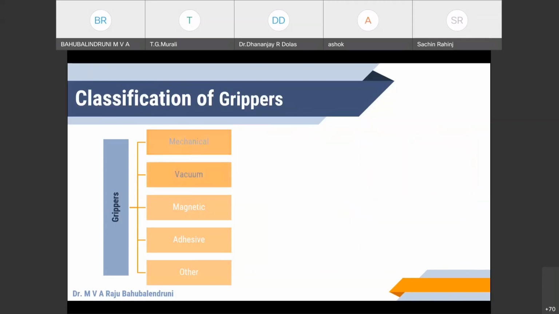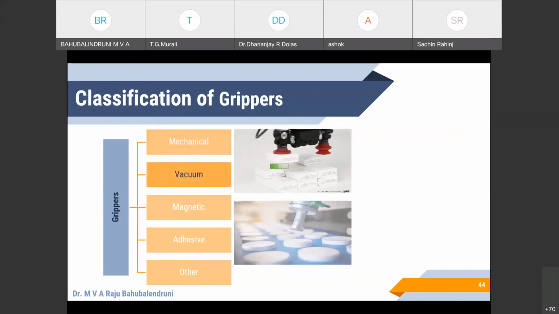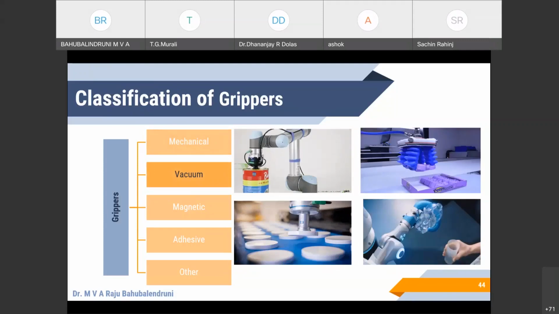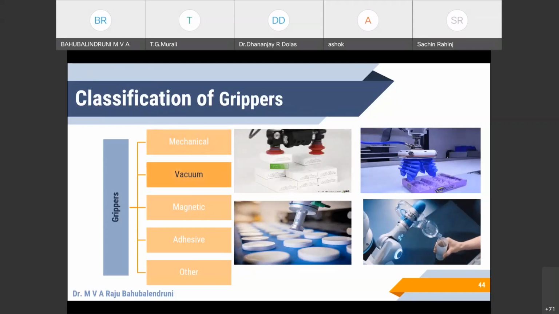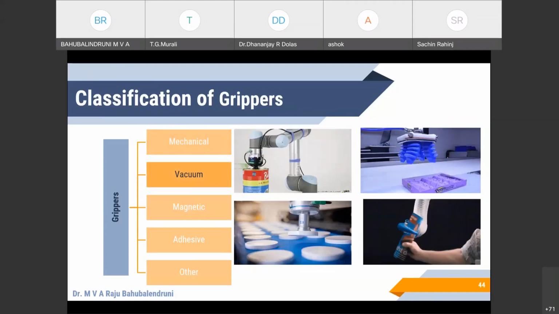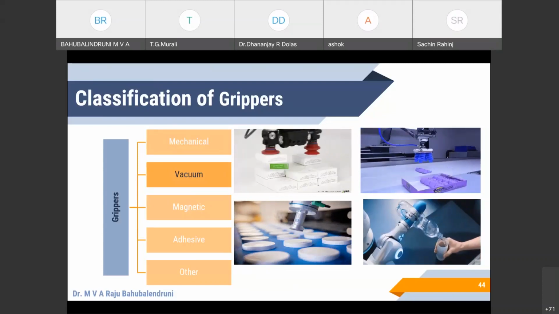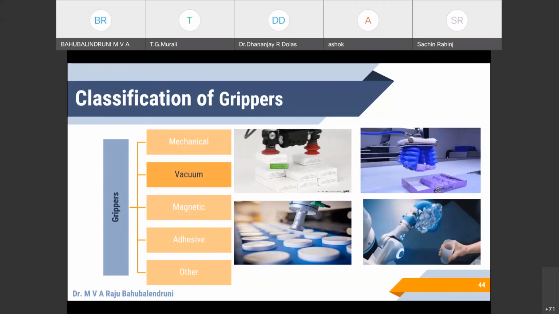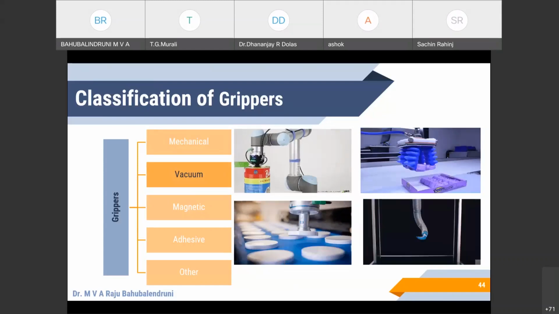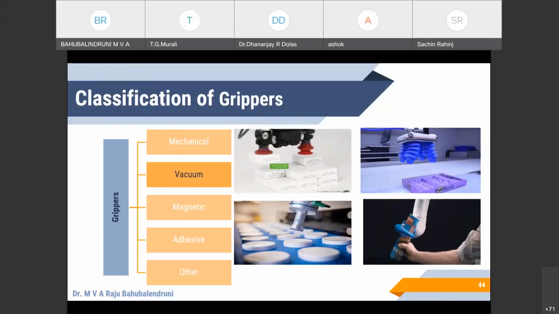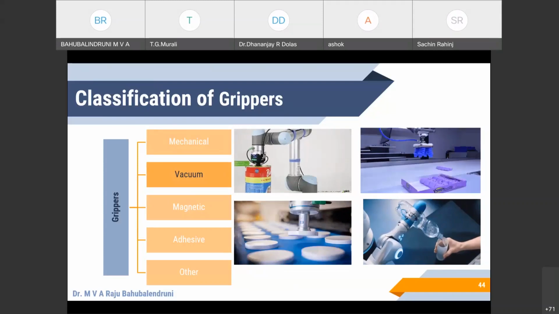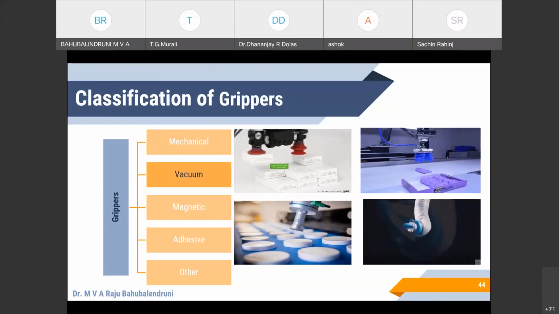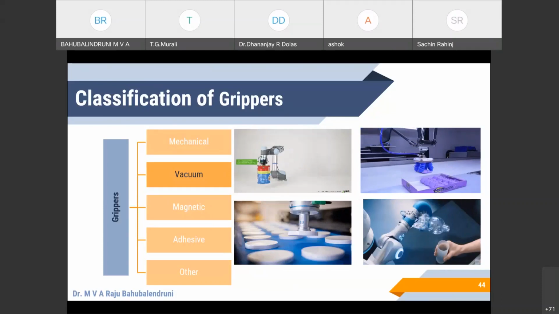The next one is vacuum-based grasping. Vacuum-based end effectors are mostly used in industrial applications because they are so precise. The vacuum cups are suction cups made of elastic materials such as rubber or plastic. They work on the difference between atmospheric pressure and negative pressure.